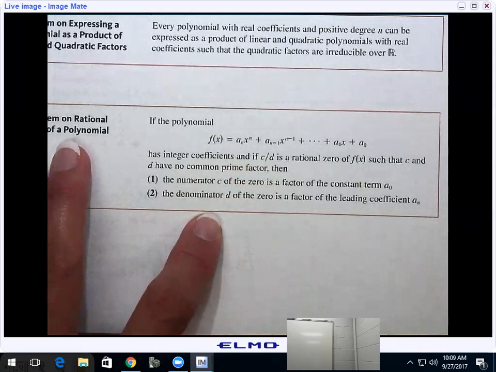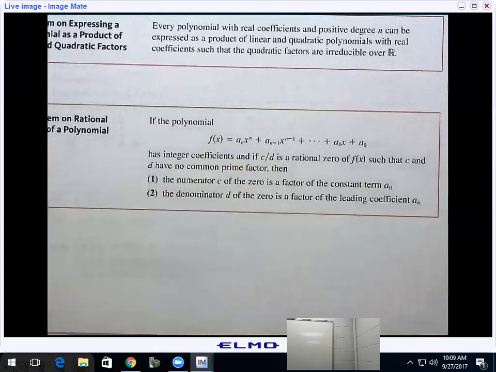All right, let me think about that. I'm saying the fraction c over d is a zero. All zeros are not whole numbers. The one you just asked me about had 3/2 as a rational zero. According to this theorem, 3 was a factor of the constant, and 2 is a factor of the leading coefficient.